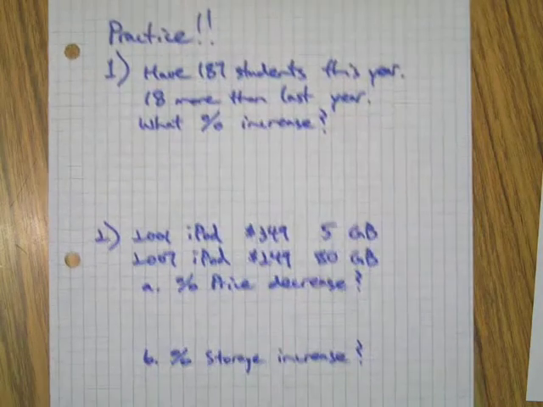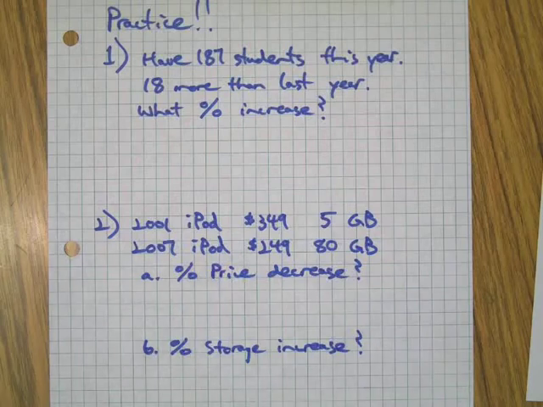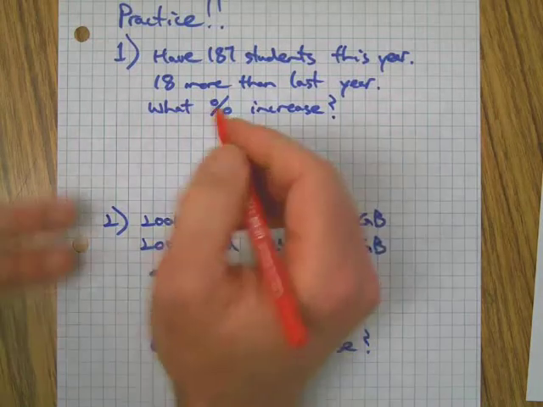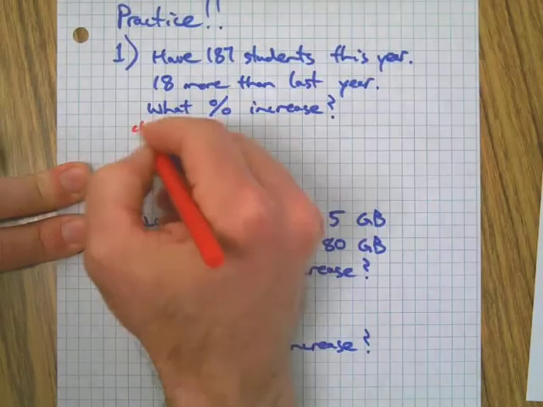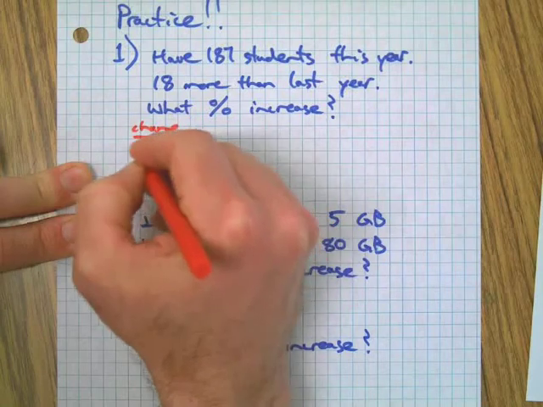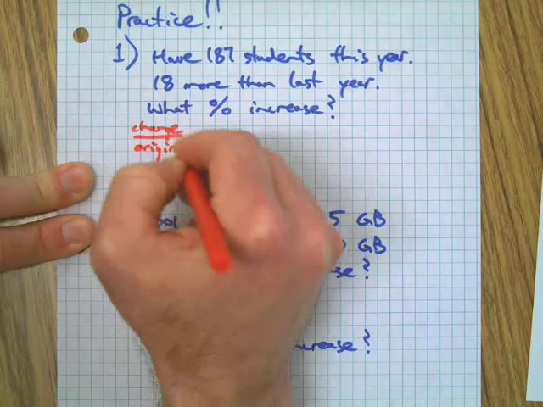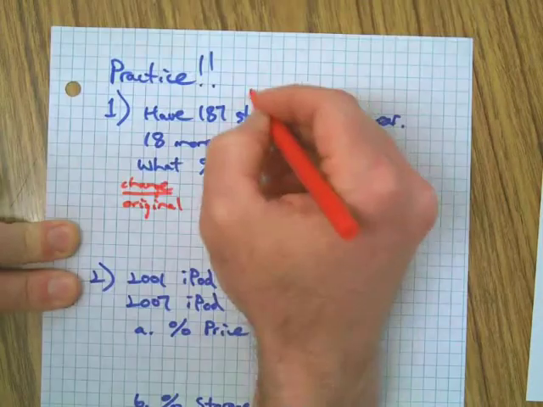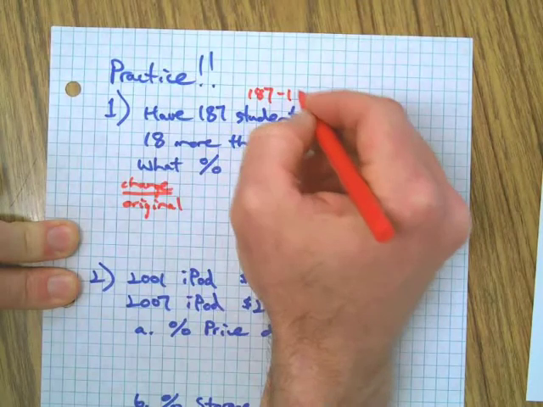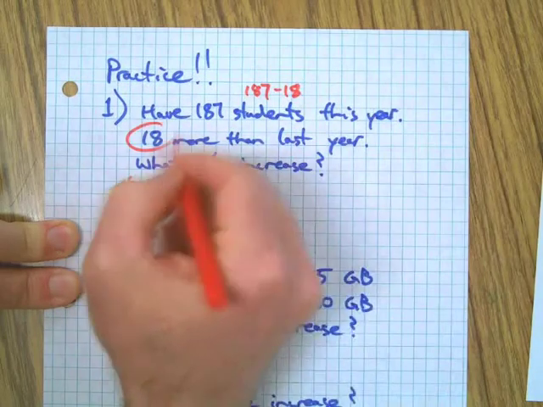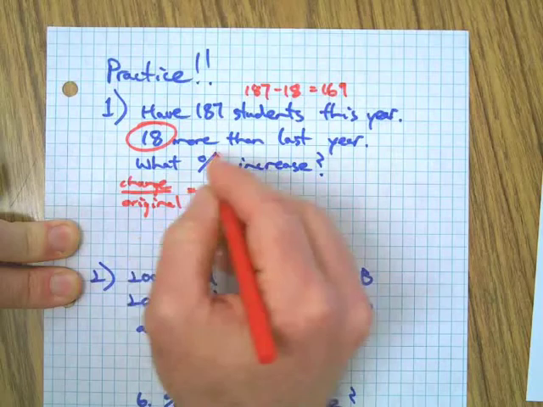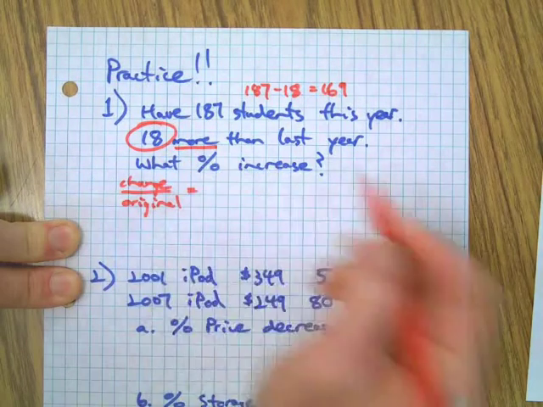Okay. Let's go back to that first problem and calculate this one out. First of all, we have change over original, right? That's the most important thing. How much did it change by? Well, we got to do a little calculating. It changed by 18.